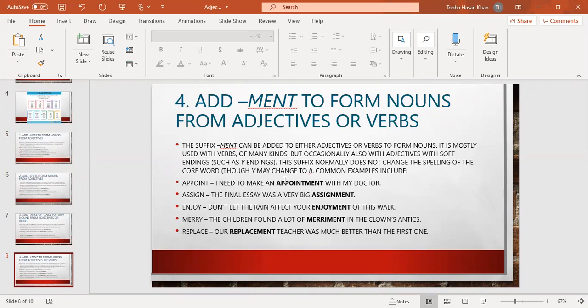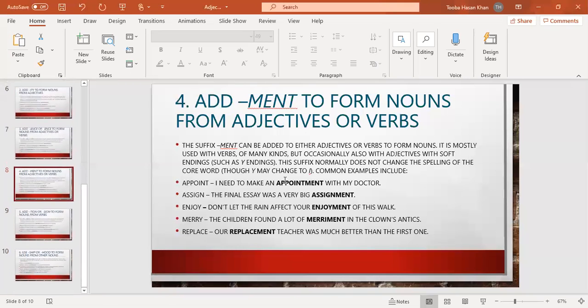Merry, so enjoy becomes enjoyment, merry becomes merriment, and it does not change the spelling a lot. बहुत ज्यादा स्पेलिंग्स भी नहीं चेंज करता, हम सिर्फ इसको ऐड करते हैं. ना आईज ड्रॉप हो रहे हैं, ना वाई ईज चेंज हो रहे हैं. फॉर एग्जाम्पल, अपॉइंट बिकम्स अपॉइंटमेंट, असाइन बिकम्स असाइनमेंट, enjoy becomes enjoyment, replace becomes replacement.